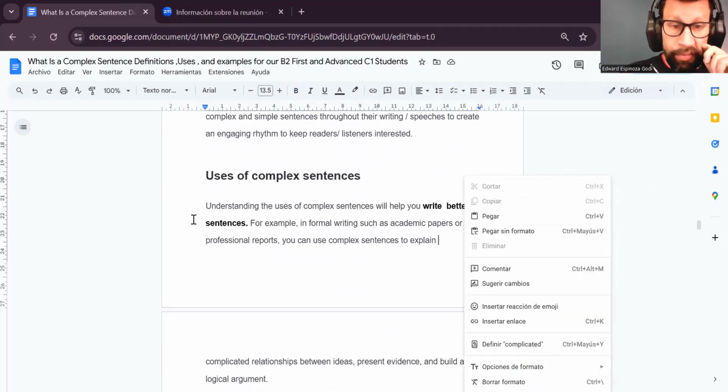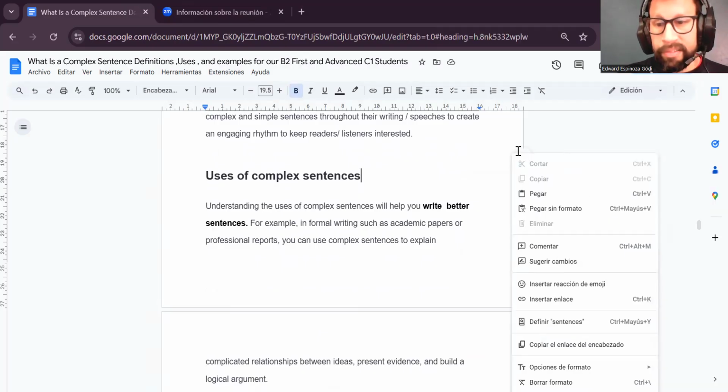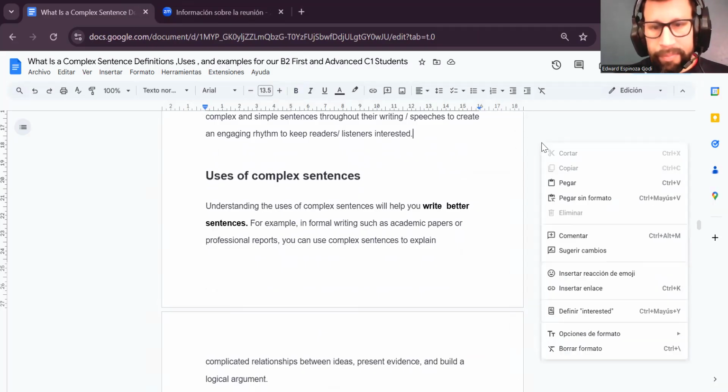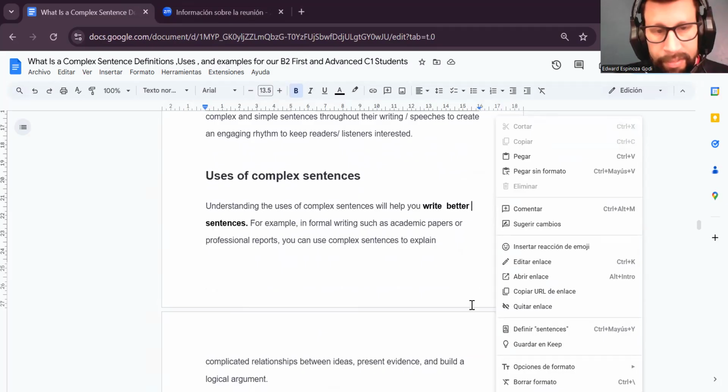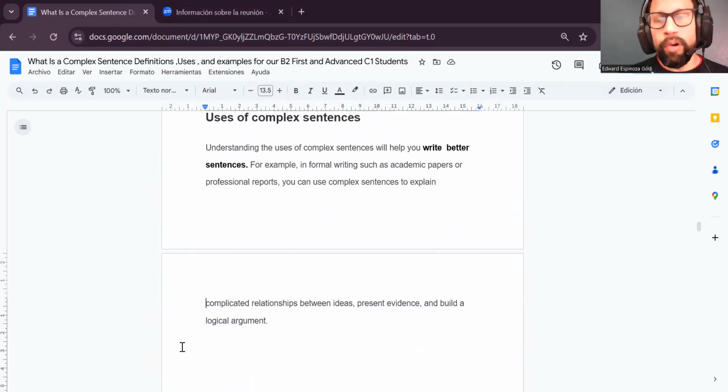Now, this leads us to the uses of complex sentences. Just over here. As you can see, understanding the use of complex sentences will help you write better sentences.